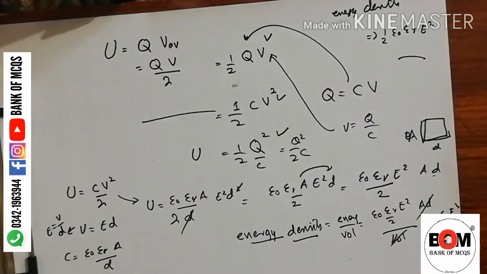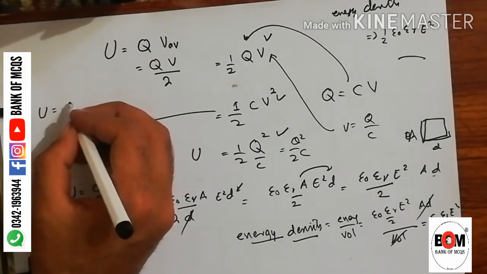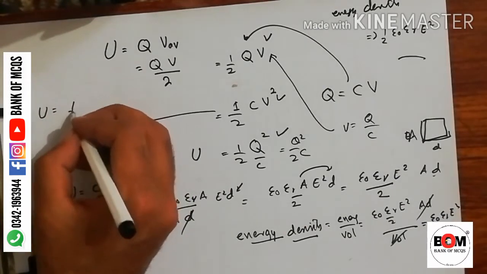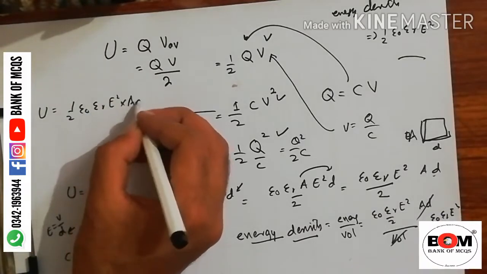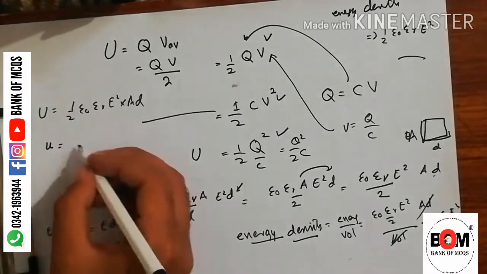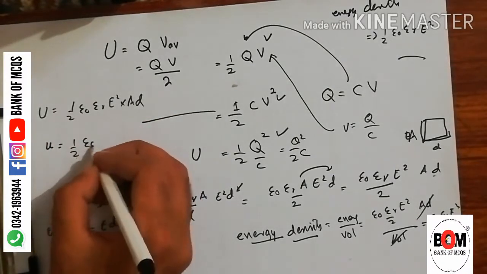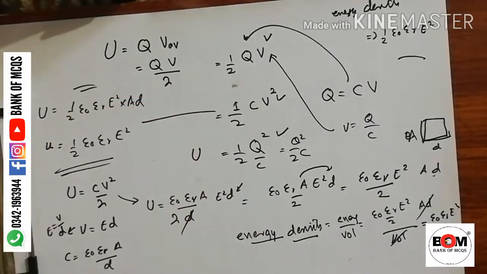So bear in mind, you must remember that for energy U, it is half epsilon naught epsilon r E square multiplied by Ad, while for energy density, written as small u in the MCQ, it is equal to half epsilon naught epsilon r into E square. So these two equations are most important.